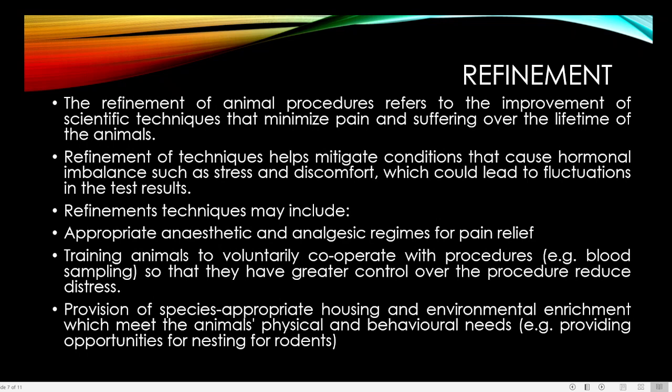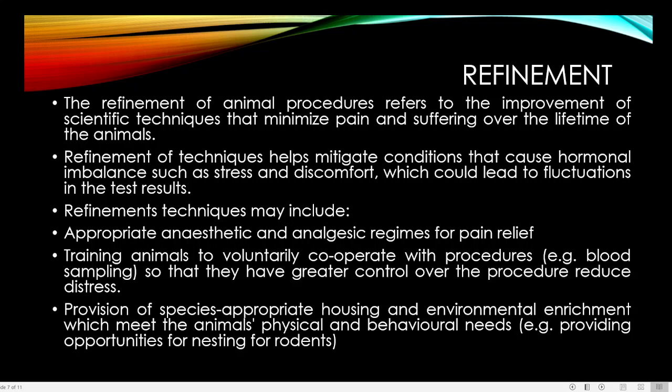Then finally, refinement. We have discussed the meaning of the word refinement. Refinement of animal procedure refers to improvement of scientific techniques that minimize pain and suffering over the lifetime. For example, once we do some experiments on an animal, it will have some pain. Sometimes that animal will still be living.